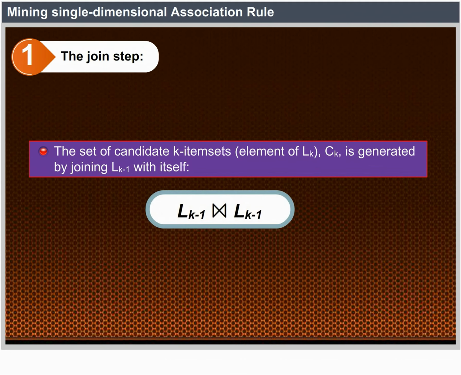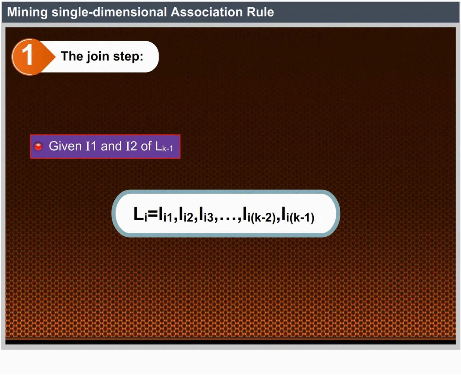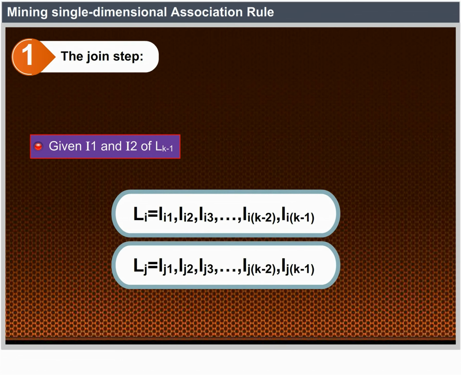Given l1 and l2 of Lk-1, li equals li1, li2 going up to li(k-1). Similarly, lj equals lj1, lj2, lj3 going up to lj(k-1), where li and lj are sorted.